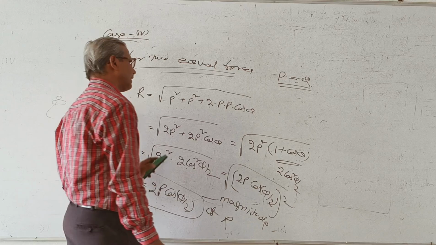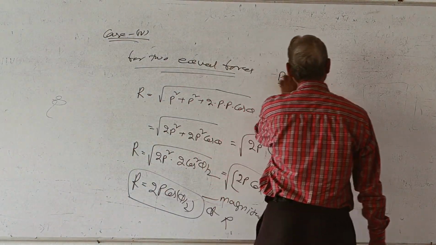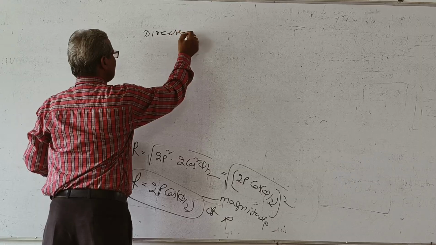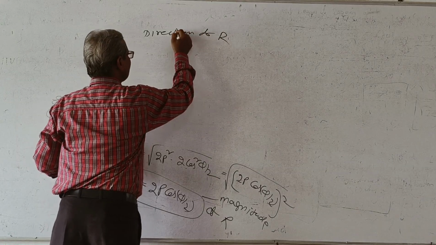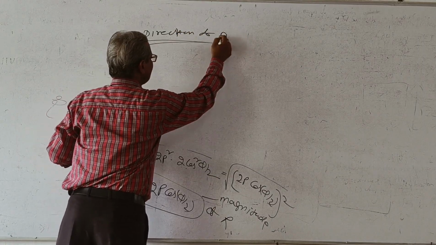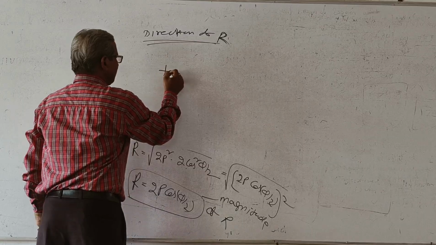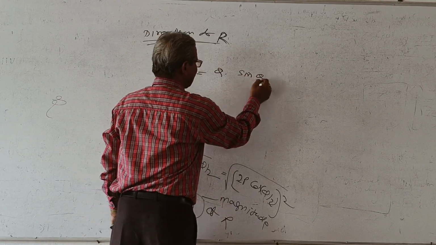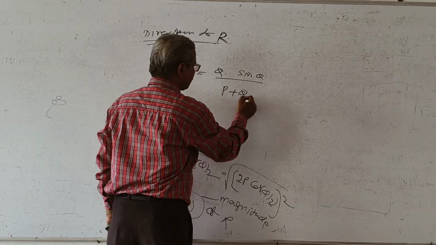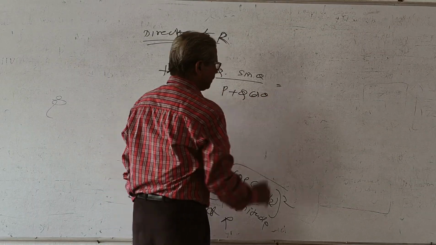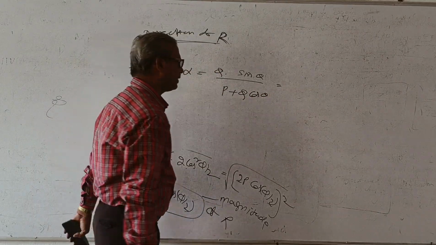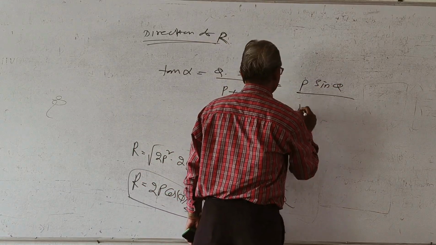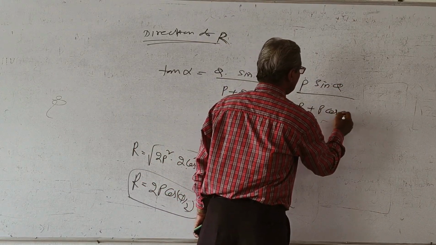The direction of R. Tan of phi is equal to Q sin theta by P plus Q cos theta. Q means P, so this is equal to P sin theta by P plus P cos theta.